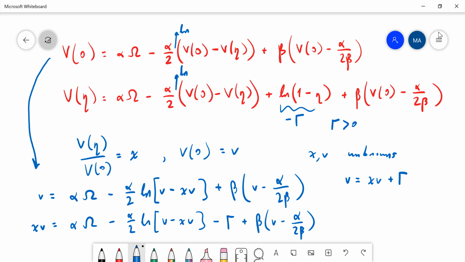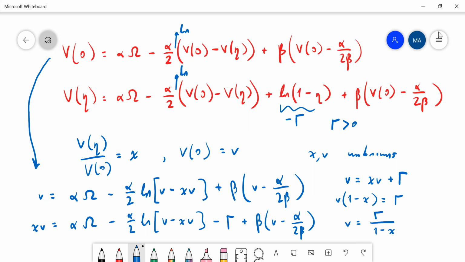Then there's a relationship between, so you have V equals, so 1 minus x that, then V is equal to gamma divided by 1 minus x, okay?